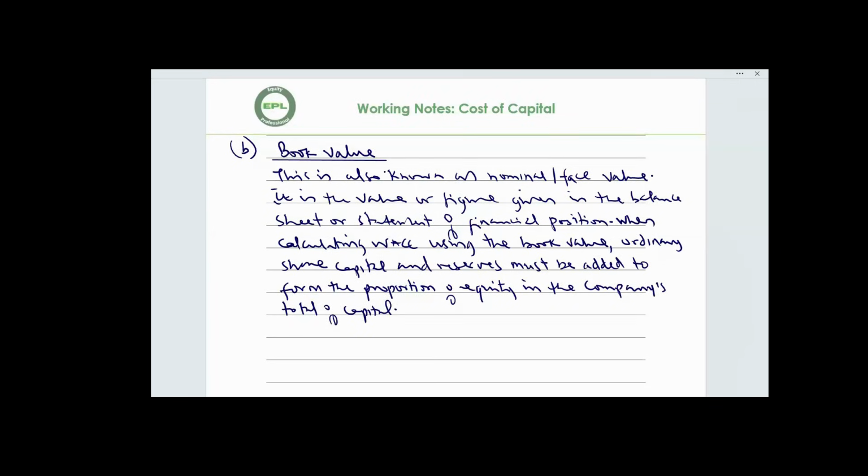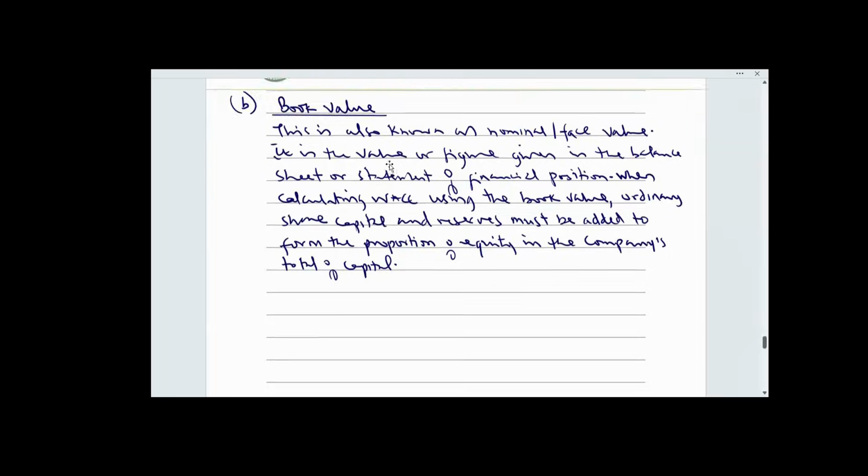So what we are simply saying is that anytime you are asked to calculate WACC using book value, you are supposed to add ordinary share capital and reserves together. You add them together. That will help you to form the proportion of equity.